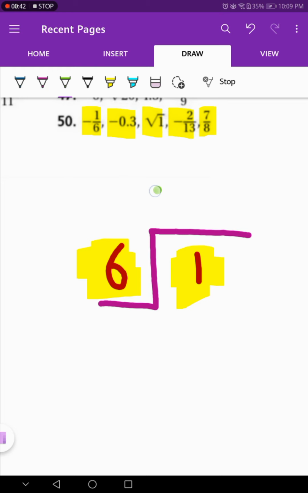6. Is that correct? Yes, 6.84. It is more than.